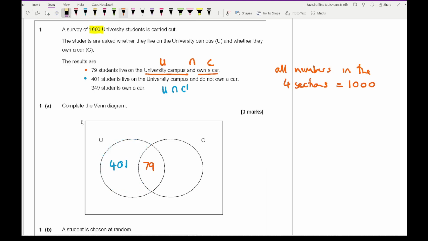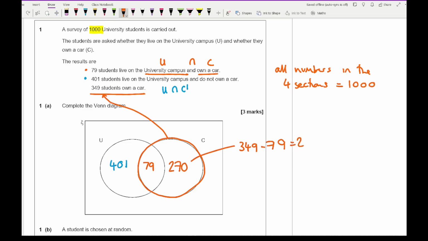And then it says 349 students own a car. So that means that all of this circle of C needs to add up to 349. So to work out this section here, it's going to be 349 minus 79, which gives me an answer of 270.